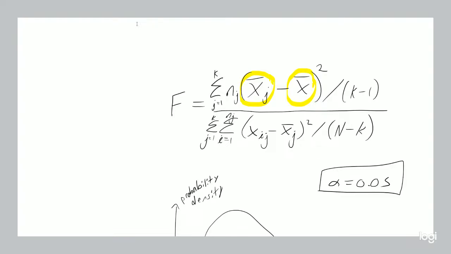We're subtracting it from the average of a group. We're squaring that difference. Okay, so whether the difference is positive, negative, it gets squared, the result is positive. Multiply it by the number of data points per group and add that up for every single group.